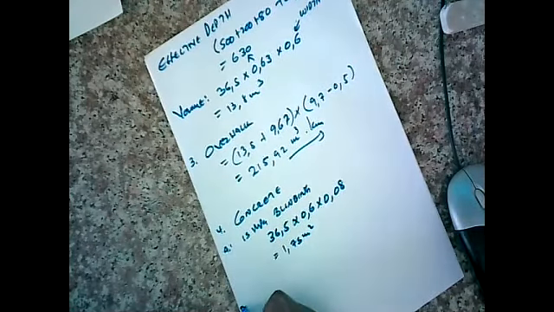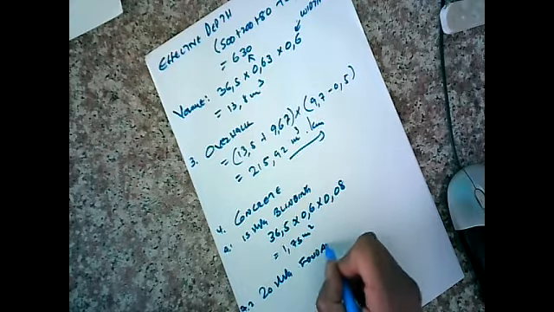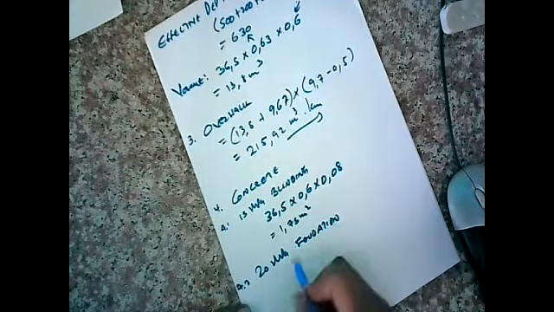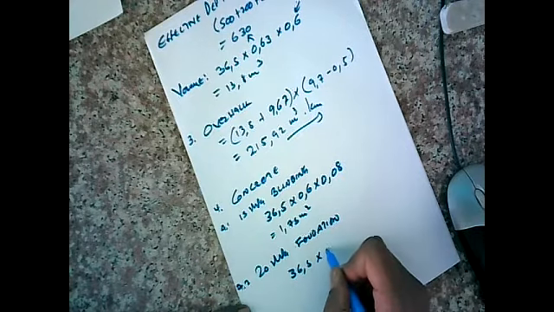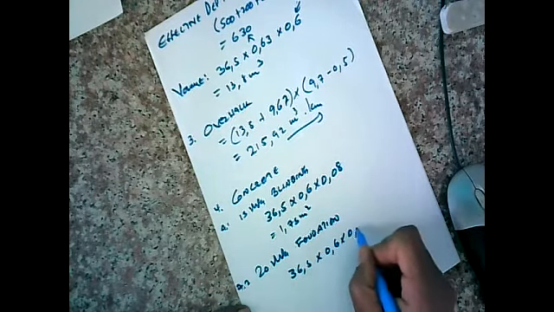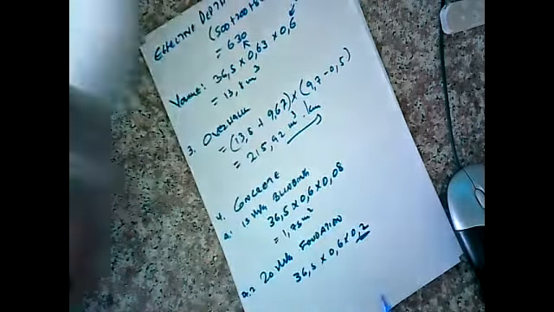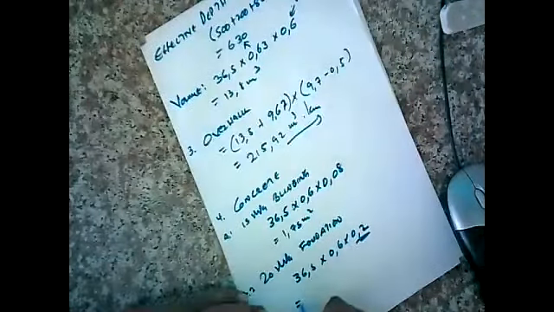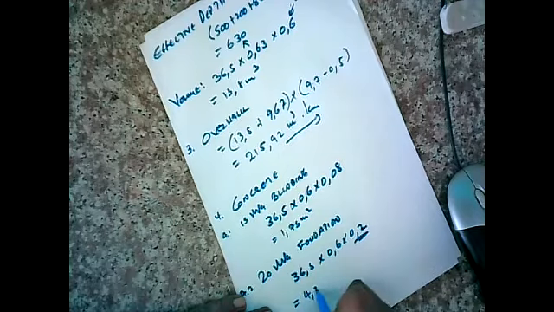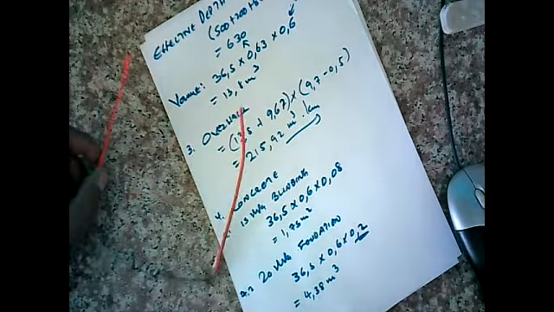Let's see. 4.2 is 20 MPa foundation, because after the blinding we put the foundation. And once again 36.5 times 0.6 times 0.2, with 0.2 being the depth of the concrete, and we're getting a value of 4.38 meter cubed.